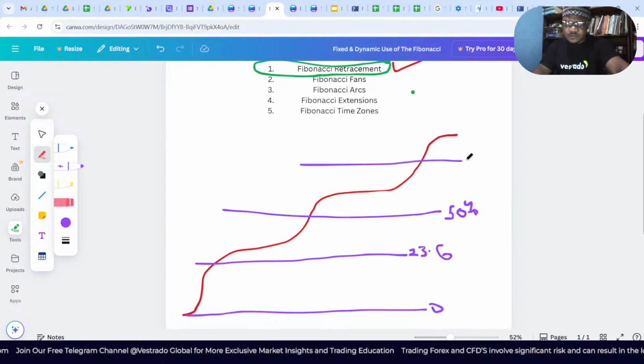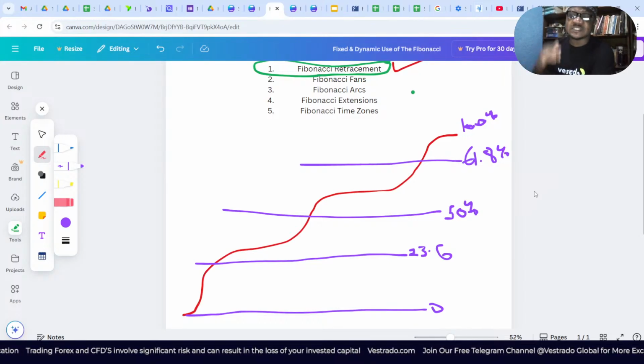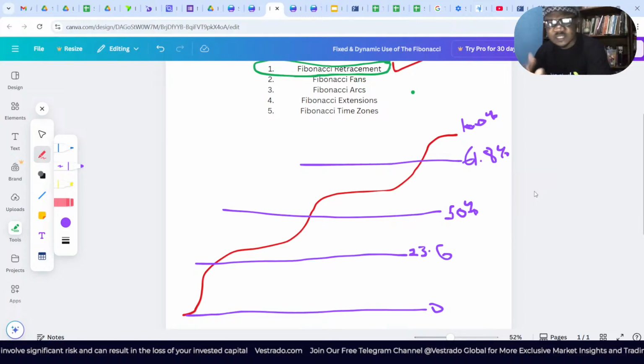And then you have 61.8. And finally, the 100%. So these are levels that, okay, indicate possible reactions in the market. Meaning, around these levels, we should expect price to either reverse, or if it breaks past it, a significant continuation going up or down, depending on where price is headed. This is a Fibonacci retracement, and we're going to be focusing on that in this lecture.